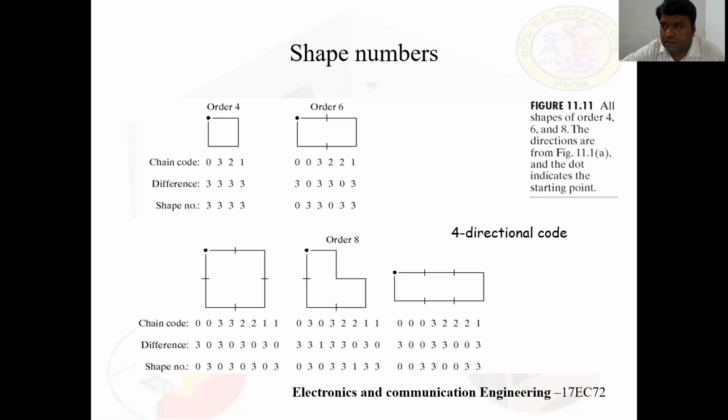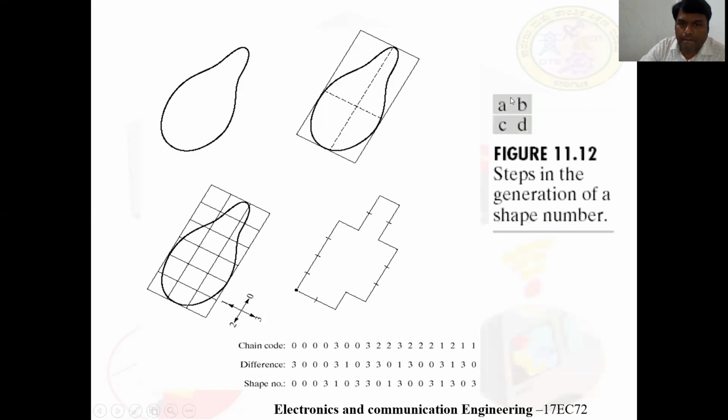For a shape number, start from the minimum value. So we have seen the steps in generation of a shape number: chain code, difference, and shape number.